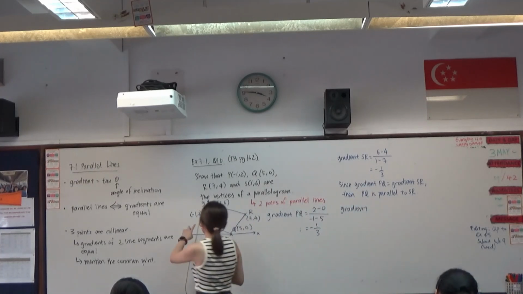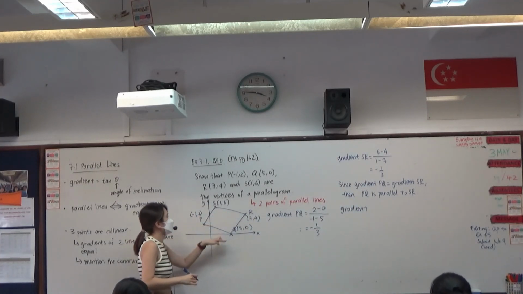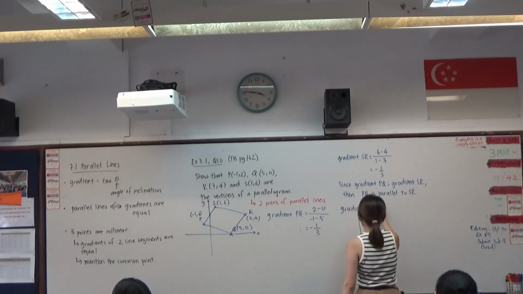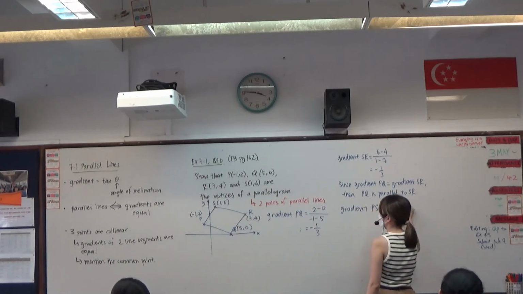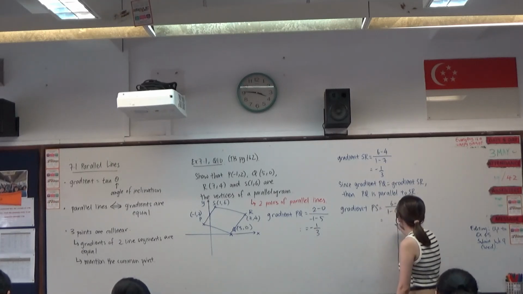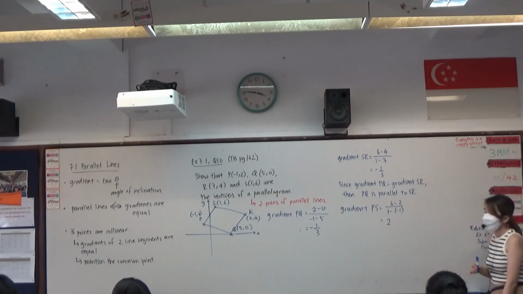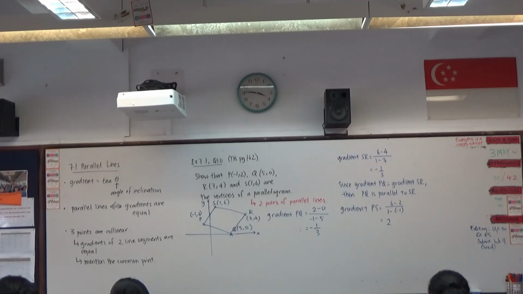So we look for the gradient of PS as well as the gradient of QR. And we see that the gradient is 2.